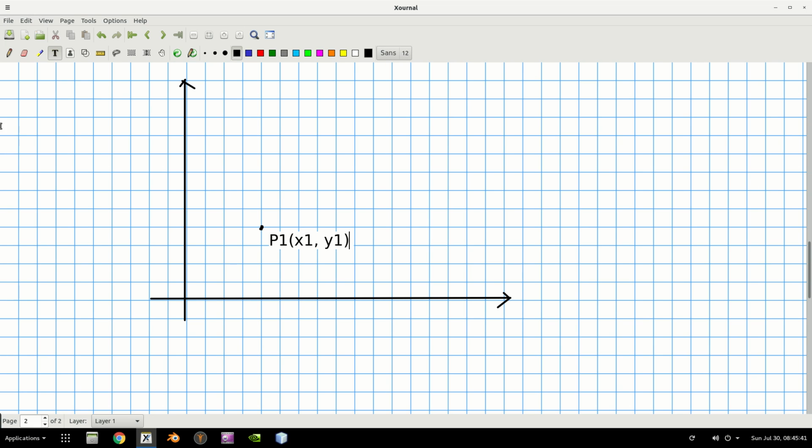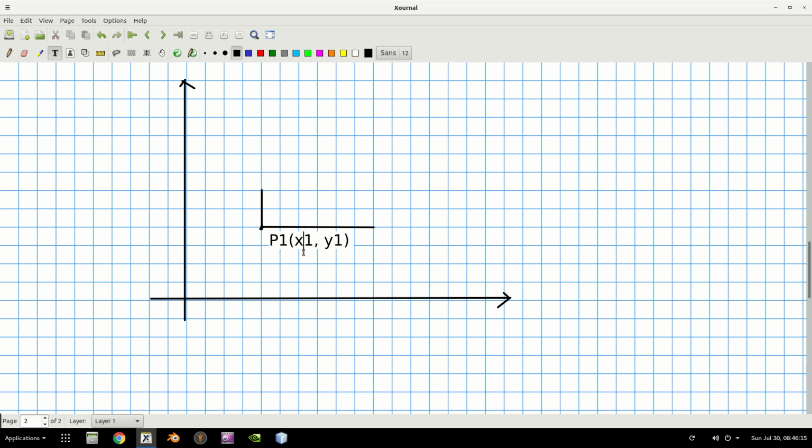We want to know what if we need to move this point over, like say 1, 2, 3, 4, 5, 6 units to the right, and 2 units to the top, right? If that's what we want to do, 6 units over here on the x-axis and 2 units towards the y-axis, then what's going to be the new location of this point? Okay, that's what we are trying to find out over here.